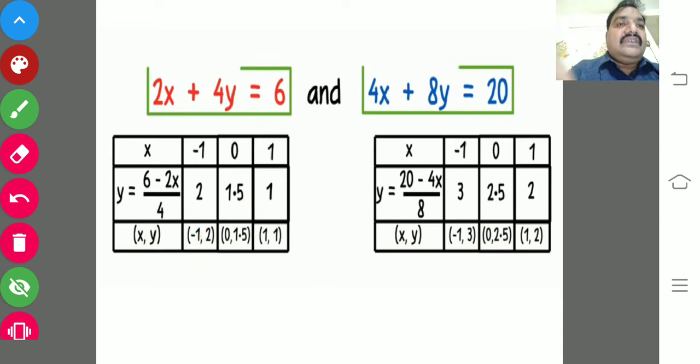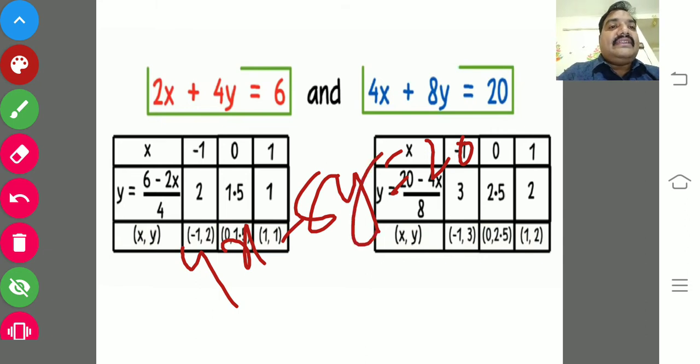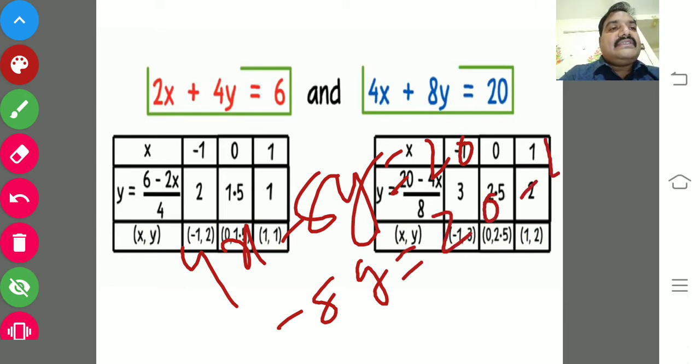Okay, here the same thing you have to apply. The next equation is 4x minus 8y equals 20. Your concentration is you have to make y the subject. So minus 8y equals 20 minus 4x. Both sides have minus, so you have to multiply with minus 1.